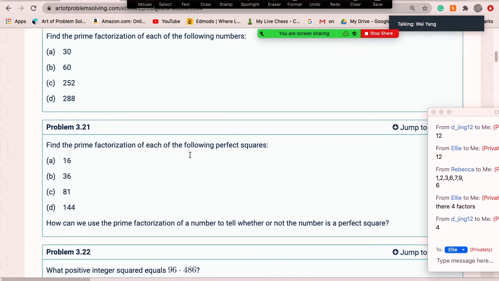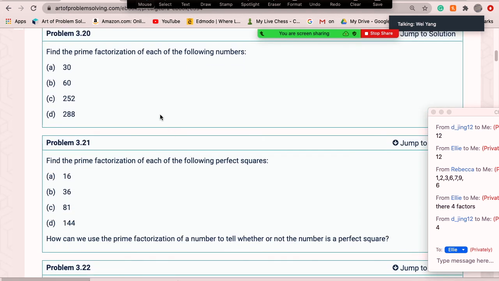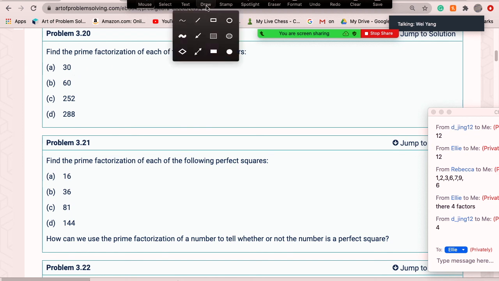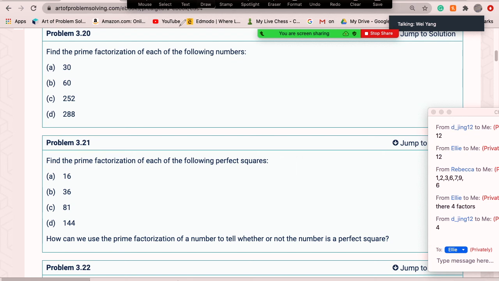Everybody send me your answer. What is the prime factorization of 30? Write 30 as prime factorization. It's a bit too easy, this one.